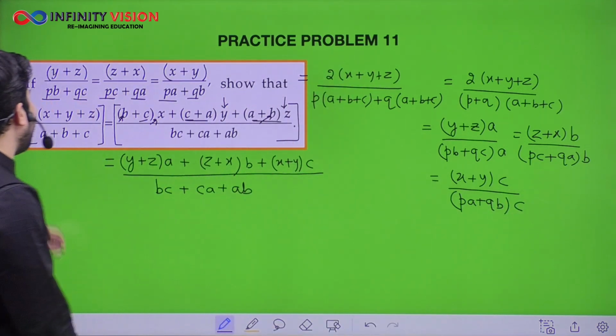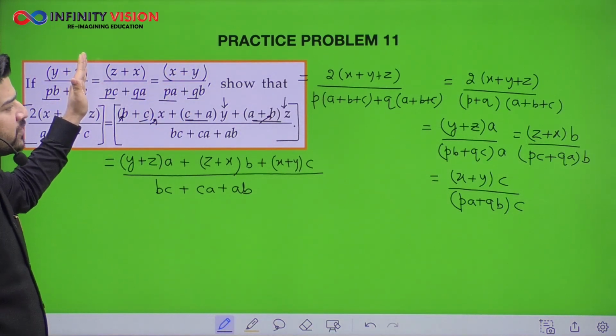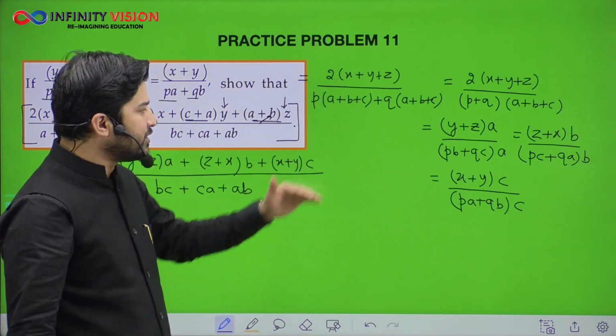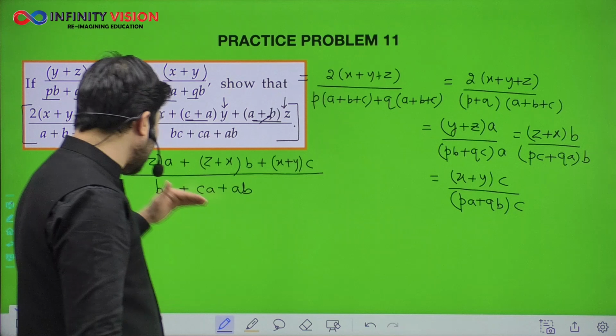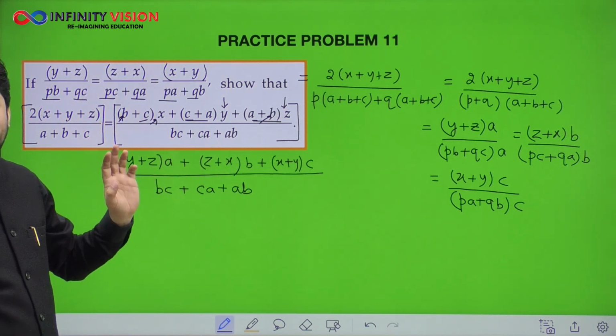So what I did, I just manipulated these equations by multiplying with a by a, b by b, and c by c. Why did I do that? Because if I add the sum of antecedents, I will get somehow the antecedent of my right hand side of the equation which we have to prove.